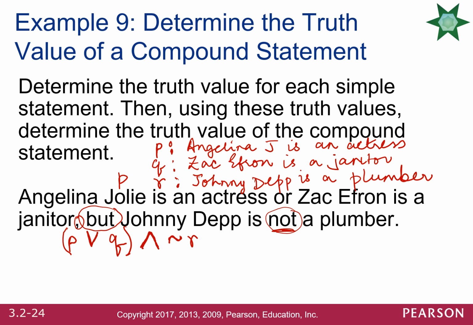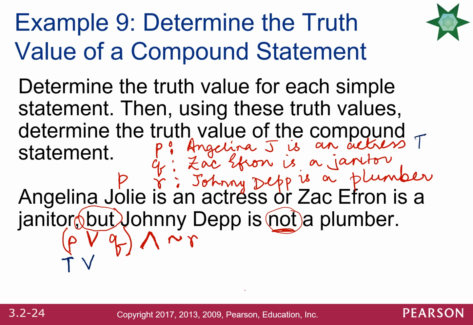So now we have to resolve this. We start by looking into the brackets first. So P, which is Angelina Jolie is an actress, is a true statement. So I'm going to write T under this P. And then the or symbol. And then Q says Zac Efron is a janitor, which he's not. He's an actor. So this is a false statement, right?